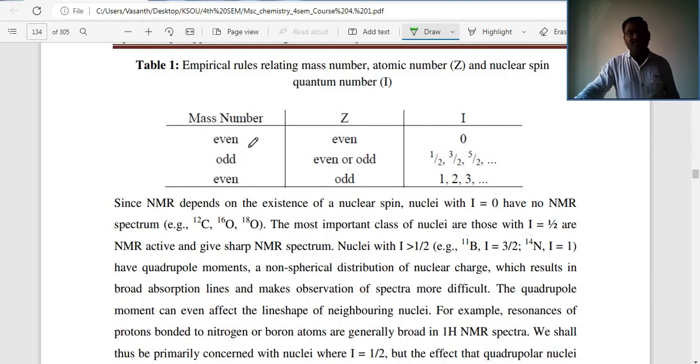If the mass number is even and the atomic number is even, the nuclear spin is 0.